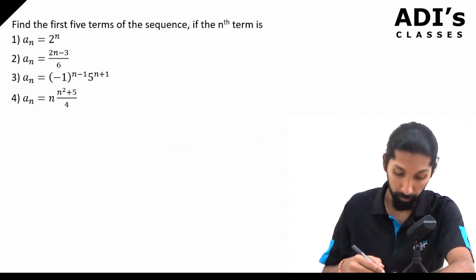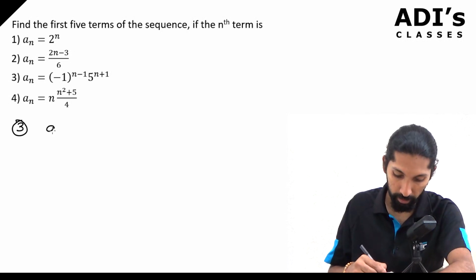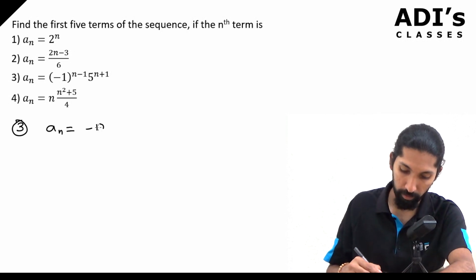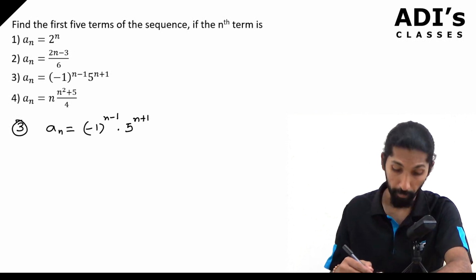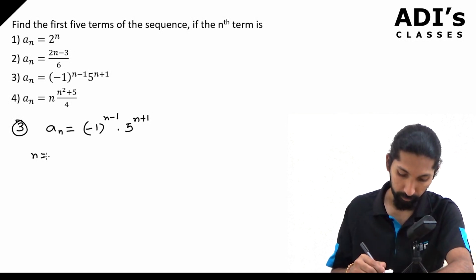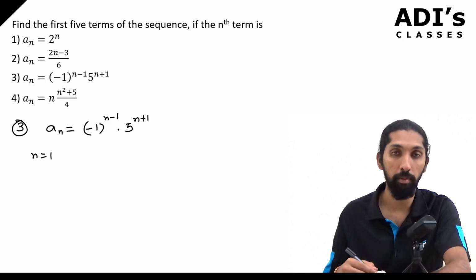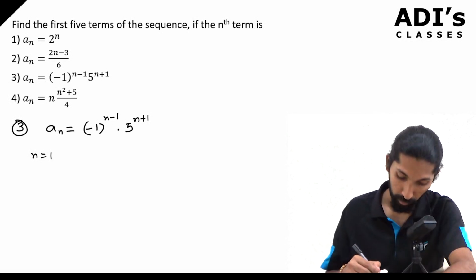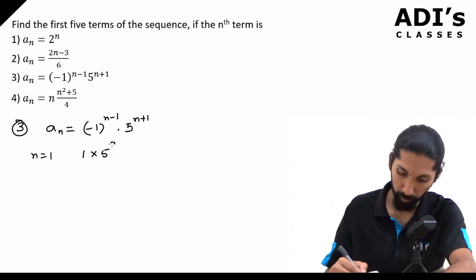For the third one, an is equal to minus 1 power n minus 1, into 5 power n plus 1. Take n as 1, the first term: minus 1 power 0. Minus 1 power 0 is 1. So 1 into 5 to the power 2.